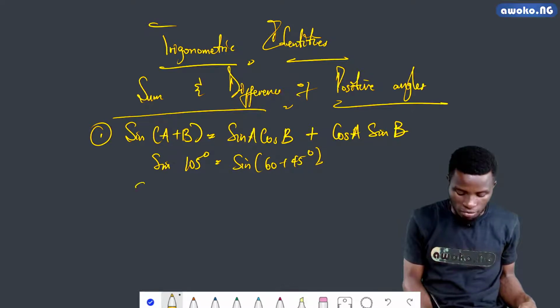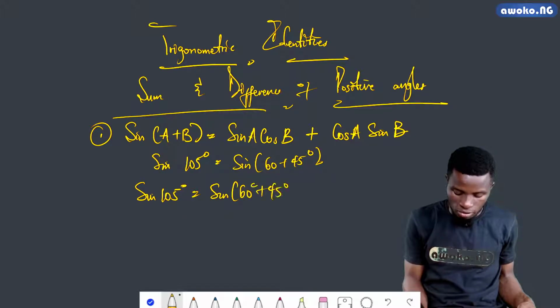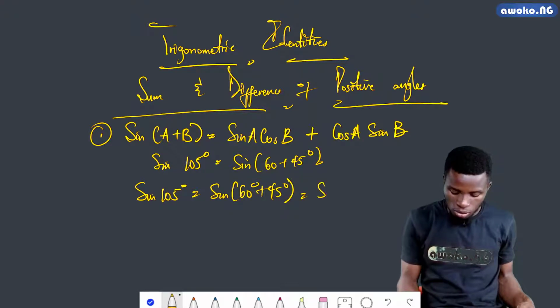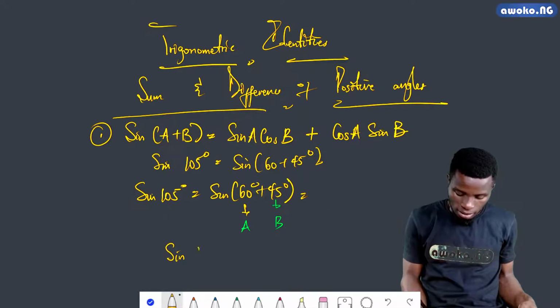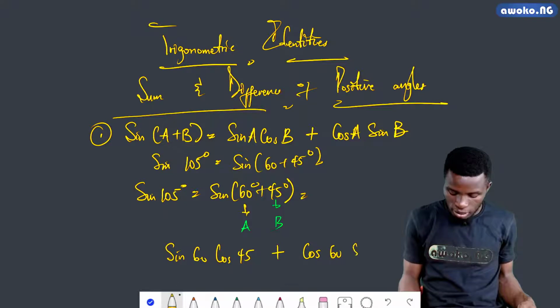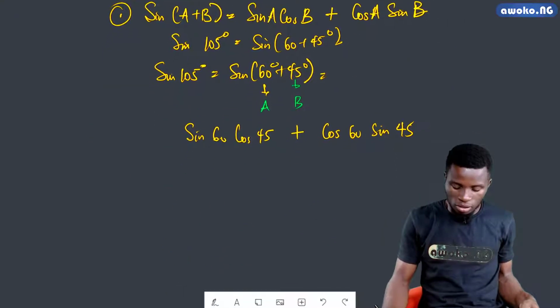So to evaluate it, I have sine 105 degrees equals sine of 60 plus 45 degrees, let this be A and this be B. So this will give me sine 60 cos 45 plus cos 60 sine 45. And you can solve these further.